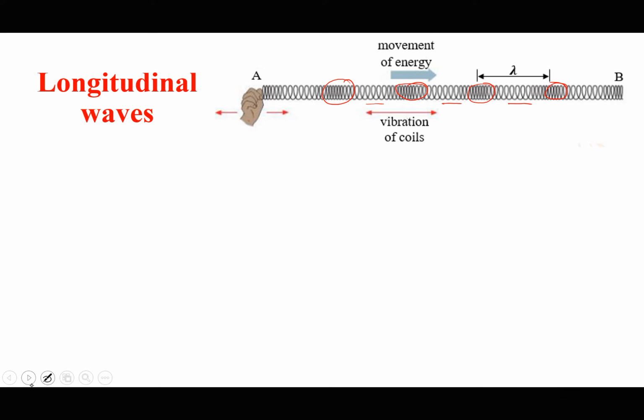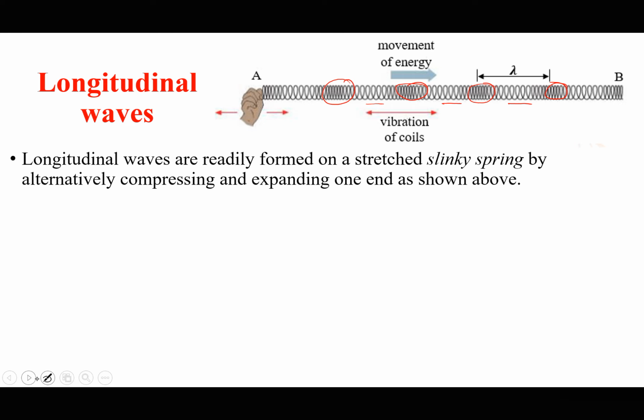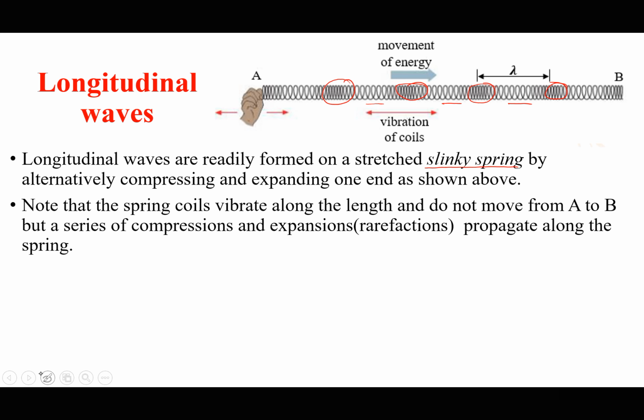Longitudinal waves are readily formed on a stretched slinky spring by alternately compressing and expanding one end as shown above. In every laboratory there should be a slinky spring. I want you to note that the spring coils vibrate along the length and do not move from A to B, but a series of compressions and expansions, which we shall call rarefactions, propagate along the spring.